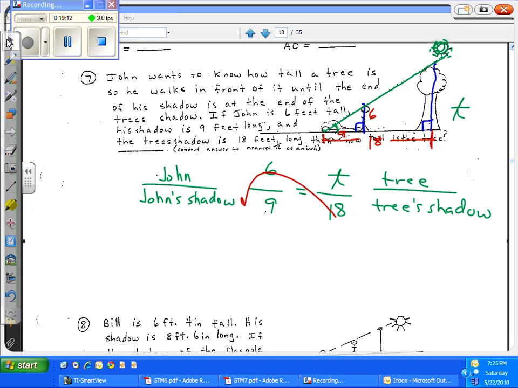And then we're going to cross multiply. 6 times 18 is 108, is equal to 9 times t, which is 9t. Divide by 9, and we get t is equal to 12.